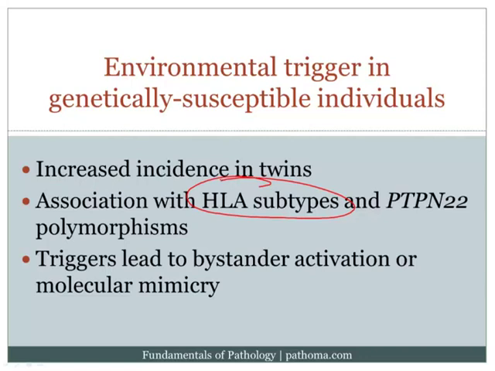In particular, the strongest association among HLA subtypes is with HLA-B27 and its association with a disorder called ankylosing spondylitis. Now, we're going to cover that later in the course, but I just want to highlight that the strongest association with HLA subtypes is with HLA-B27 and ankylosing spondylitis.